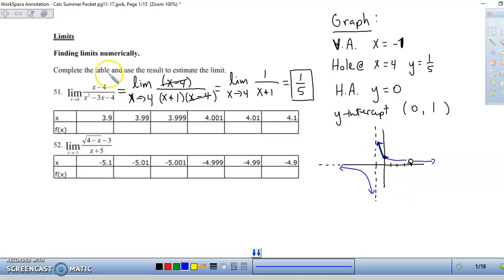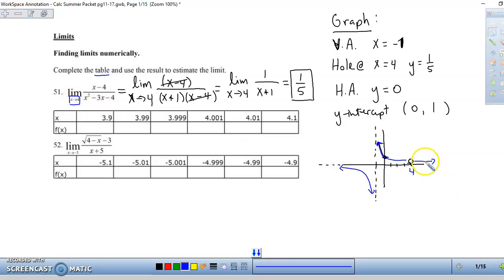Now, what they want you to do here is find the limit using a table. So what you want to think about in terms of what a limit actually means, and this is x approaching 4, what this actually asks you is: what is the y value as you approach x equals 4?